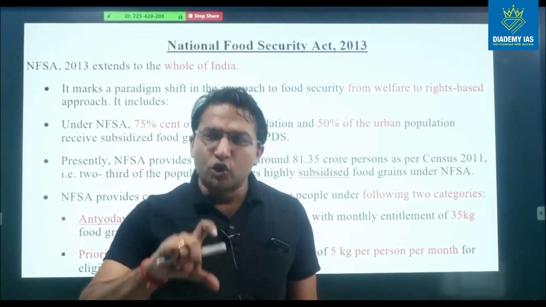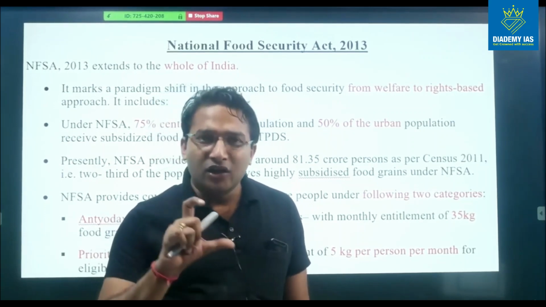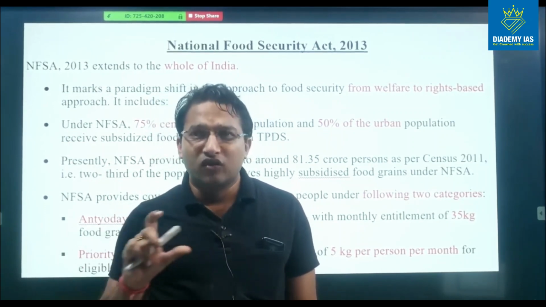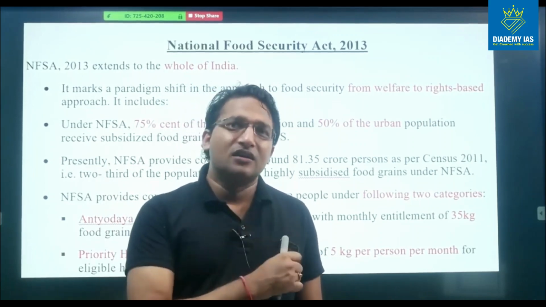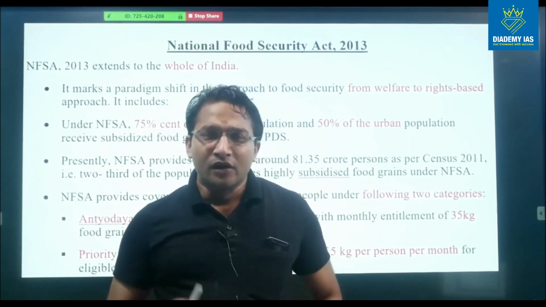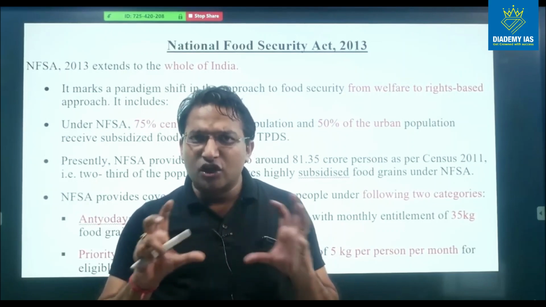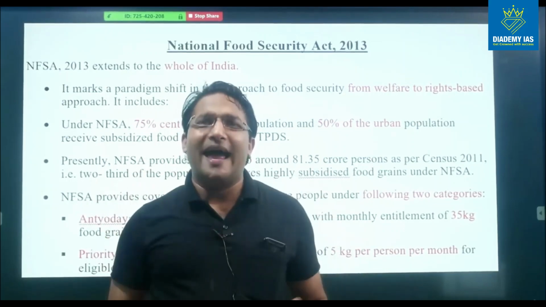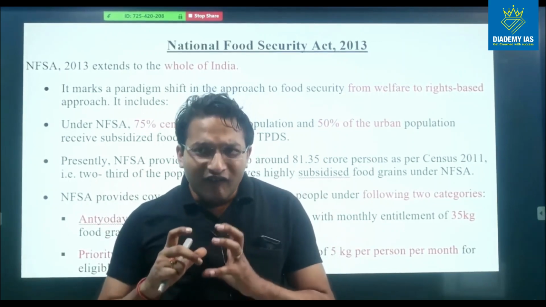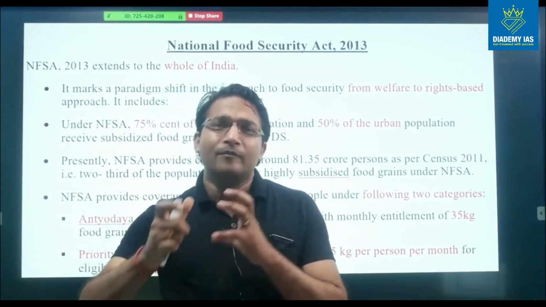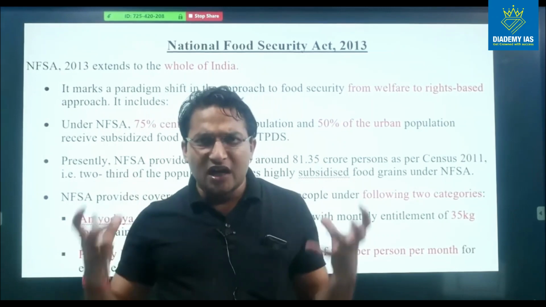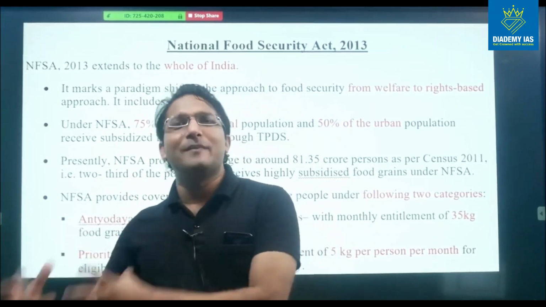And this act covers not only PDS, it also covers other schemes, for example the midday meal scheme for the schools, ICDS centers, Anganwadi centers, etc. So this National Food Security Act is an umbrella act under which various welfare schemes, for example PDS, midday meal, ICDS, are all covered, and a right is provided to the beneficiary.